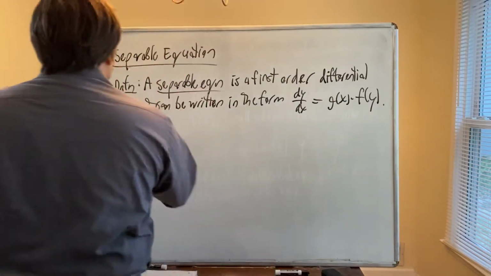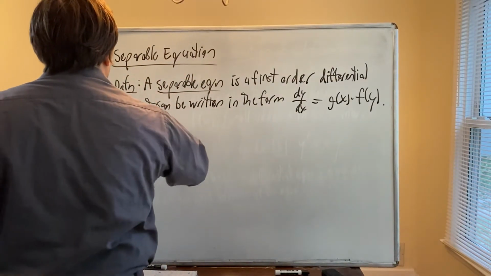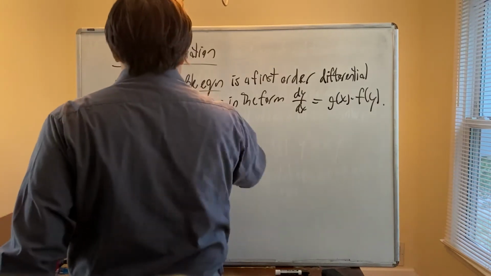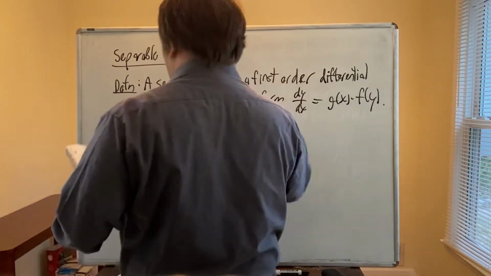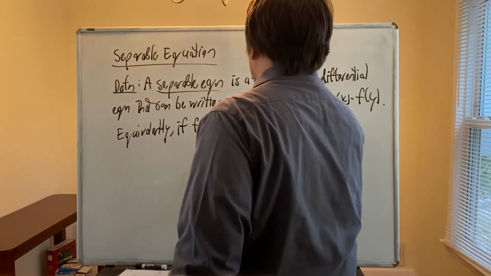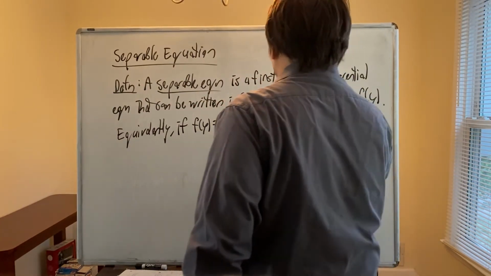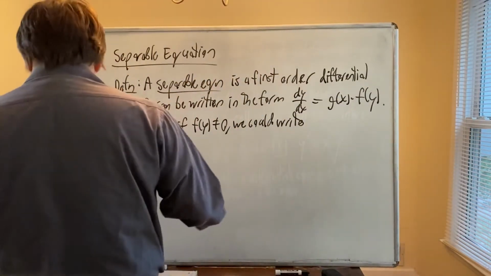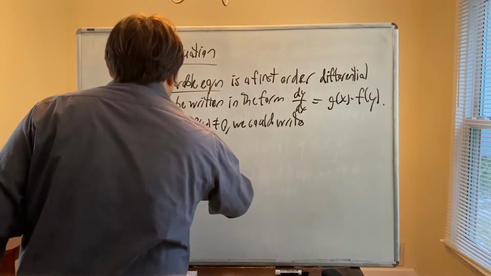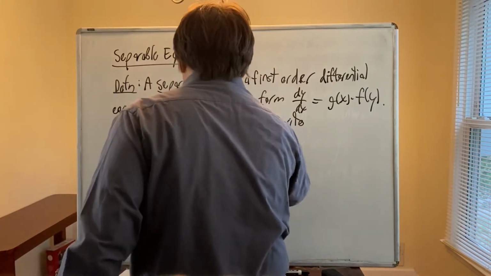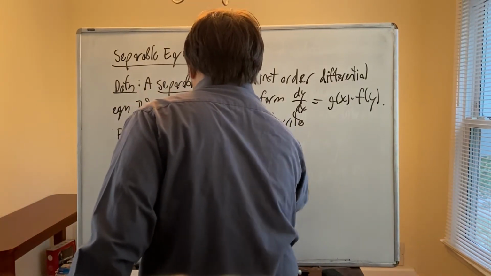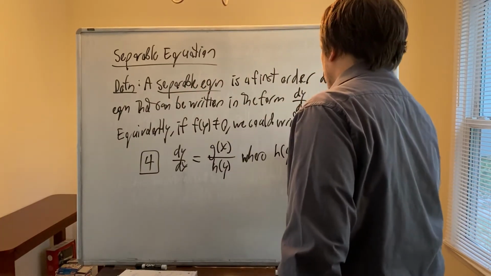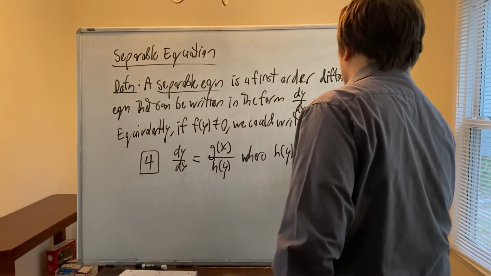Okay? So equivalently, if f of y is not equal to 0, we could write dy dx is equal to g of x over h of y, where h of y is equal to 1 over f of y.